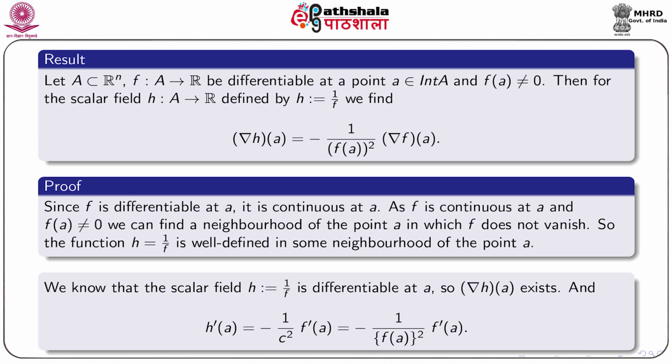We earlier proved that the scalar field h defined by 1 by f is differentiable at a. So grad h at the point a exists. Also h dash a is nothing but minus 1 upon f square f dash a.